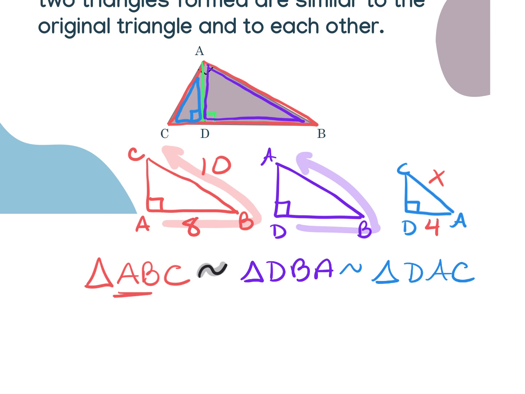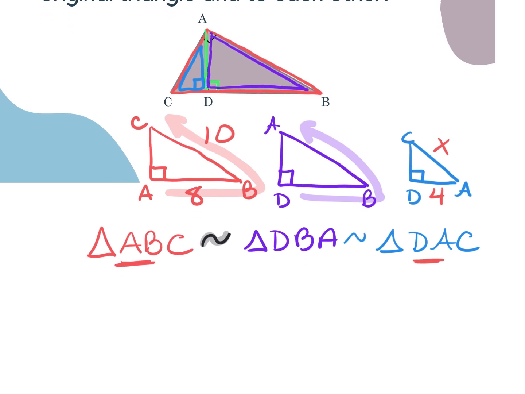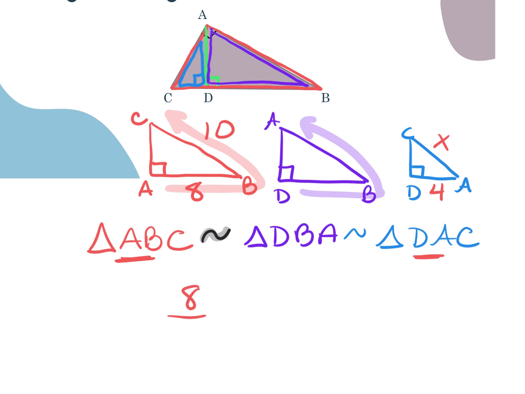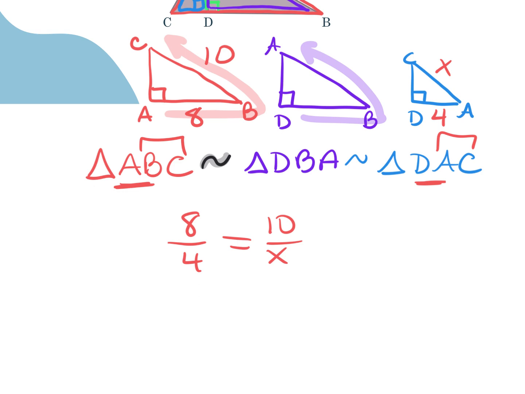So notice AB is going to match with the DA, so you could put 8 over the 4. And then the 10, which is BC, will match with the AC. So then you could go 10 over x. Again, now you're using a calculator, so it really wouldn't matter. You could do 8x equals 4 times 10, divide by 8, and x equals 5.